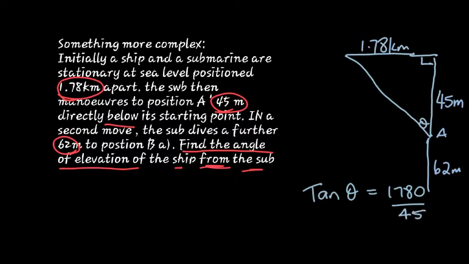And we're using theta is equal to tan of the second function of 1,780 over 45, which will give us, and we do it to 2 degrees, we get 88 degrees and 33 minutes.